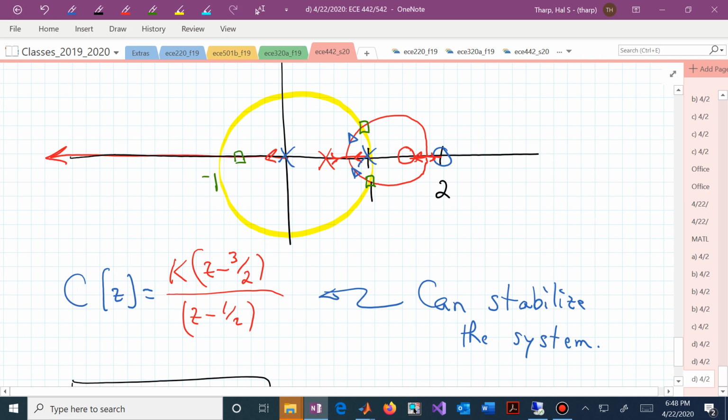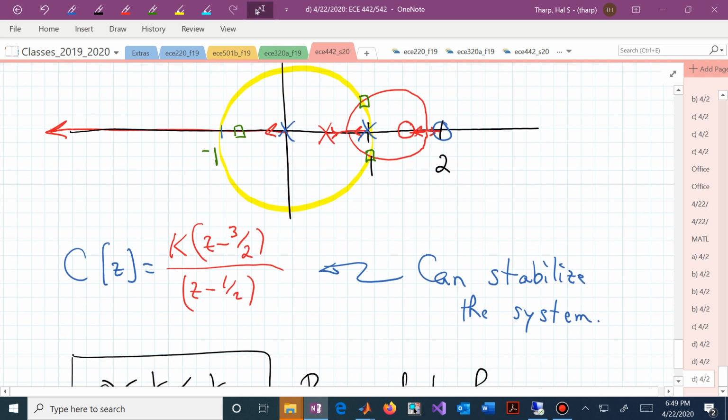But I hope you see that you need to check two different locations. You need to check the box location and the gain at -1, and hopefully the gain to get you to -1 is larger than the gain to get you to the box. If it's not, then you may be becoming unstable when you pass through the unit circle at -1 before you pass out of the unit circle on the right, going towards those finite zeros.